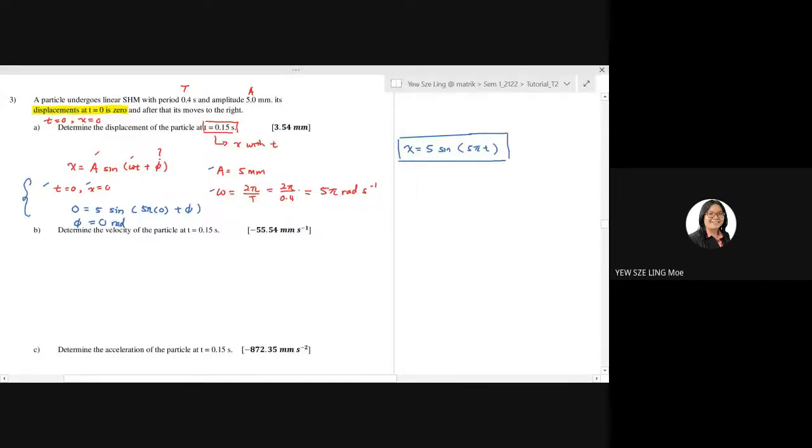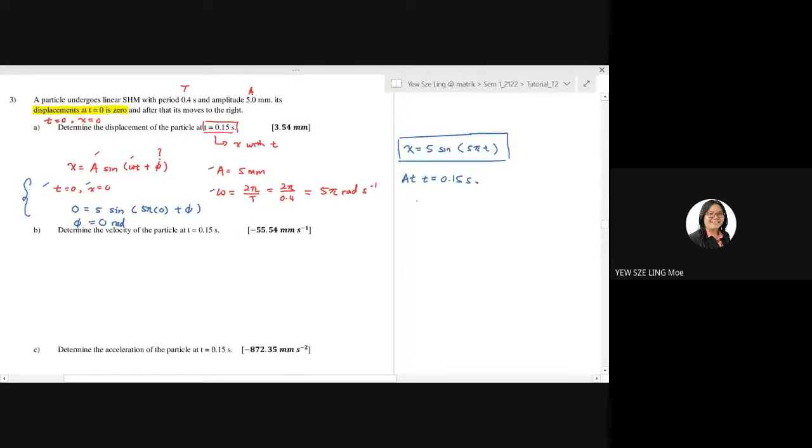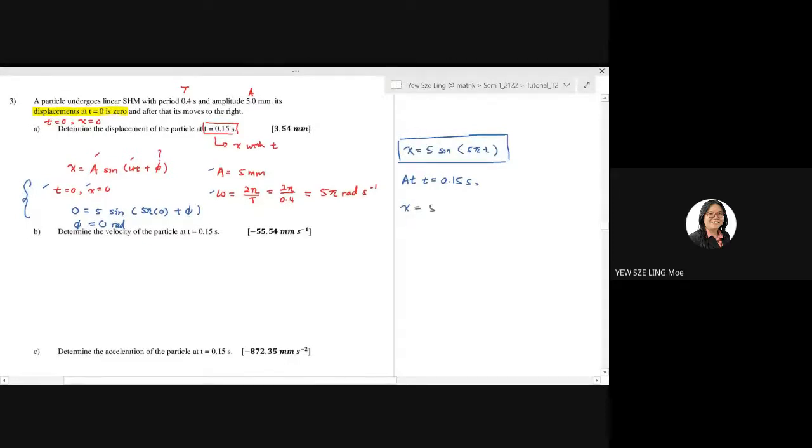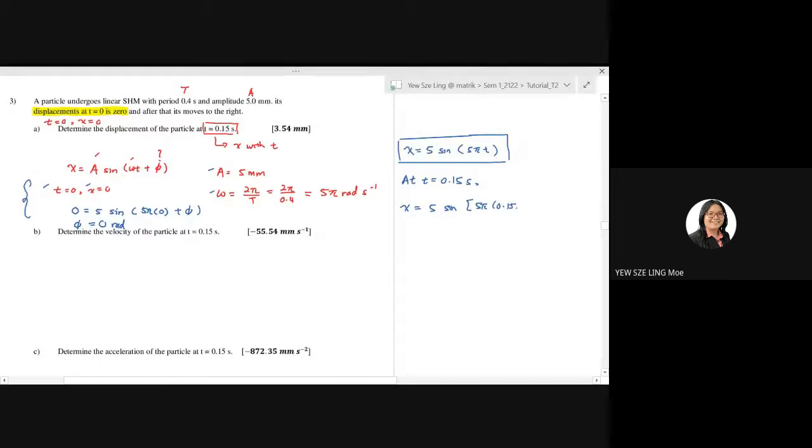So now let's proceed to solve the question. Determine the displacement of the particle at time t equals 0.15 second. So at t equals 0.15 second, x is equal to 5 sine 5 pi times 0.15.